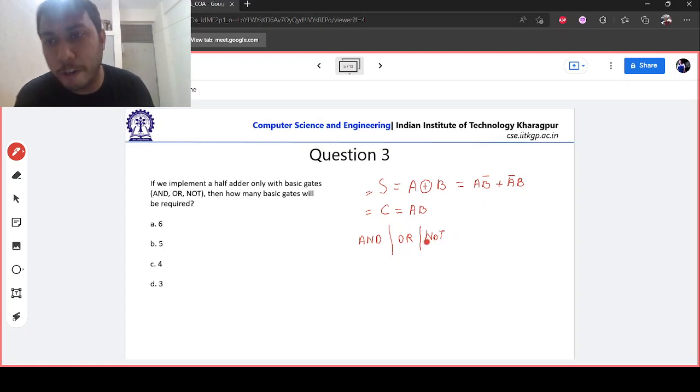How many basic gates will be required in this case? If we consider the sum part, how many basic gates are required? We need an AND operation. We need a NOT operation for B and A, so you require two NOT.